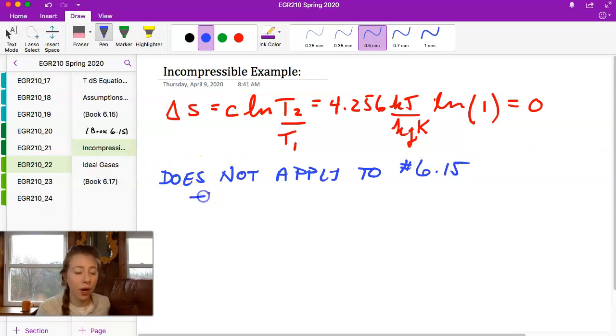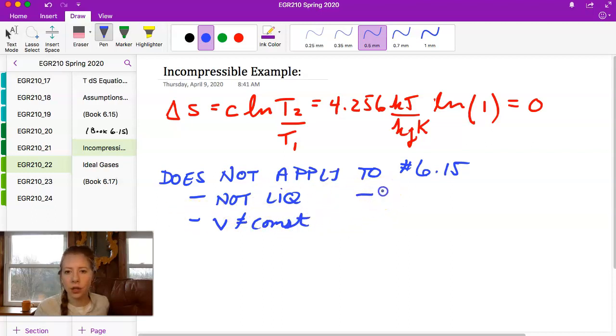Well, one, because we're not dealing with a liquid. We're going from a gas to a saturated liquid, so it's not a liquid throughout the whole thing. V, specific volume, is not constant. And also, internal energy is a function of both pressure and temperature, because we start as a vapor.